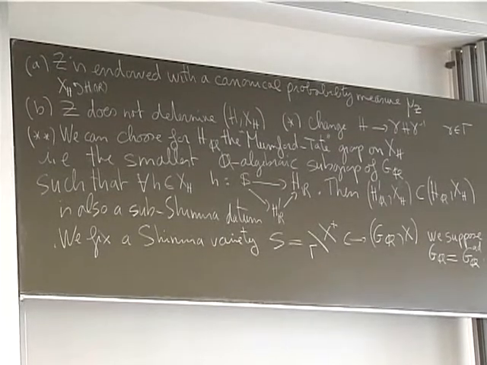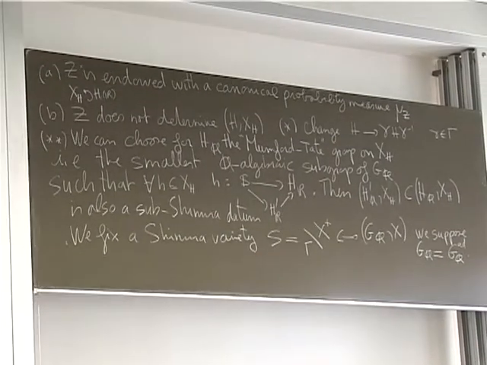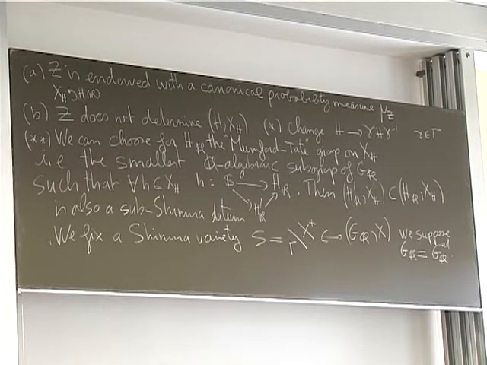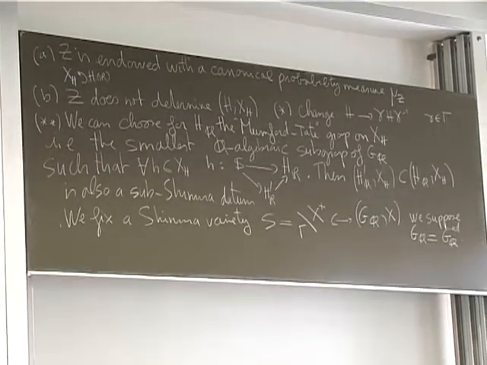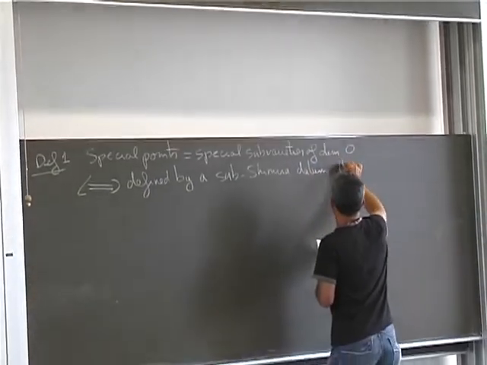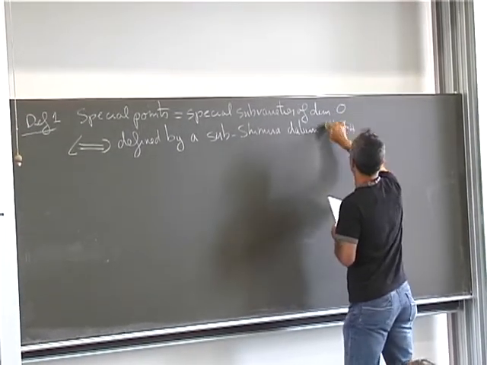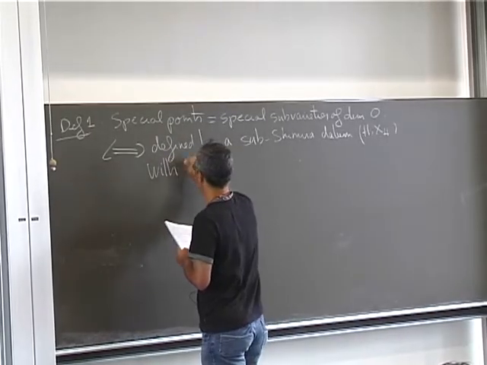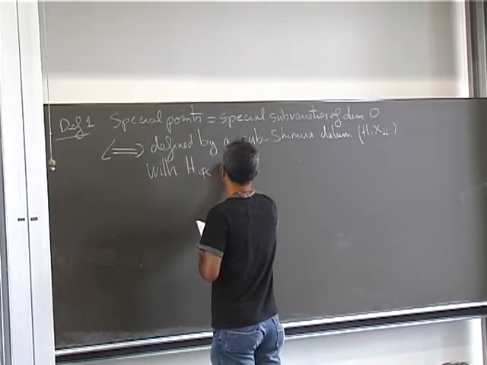And when you look at what it means, it's defined by a sub-Shimura datum, say H, X_H, with H_Q a Q torus.